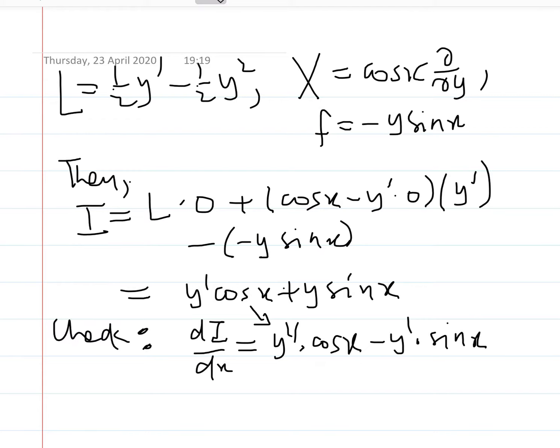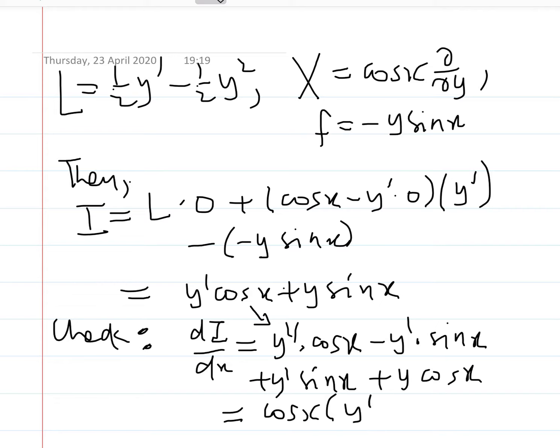If you differentiate y sine x, you get plus y dash sine x, and differentiating totally, plus y cos x. And you see the y dash sine x cancels off. We get cosine x into y double dashed plus y.